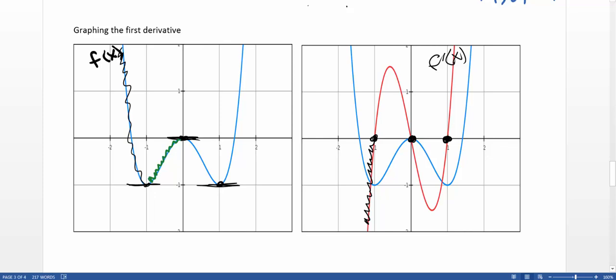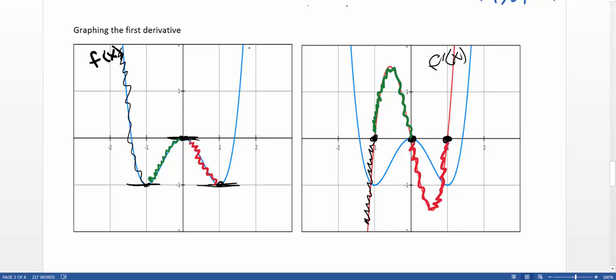Additionally, I know that I have to go through the axis at -1 and again at 0, which means to be above, I'm going to have to turn around to be able to get back to that 0. Now, from 0 to +1, I'm decreasing again. So if I'm decreasing, I'm below the x-axis, and I have to get from 0 to 1, and I have to go back through the 0. So I have to turn around.